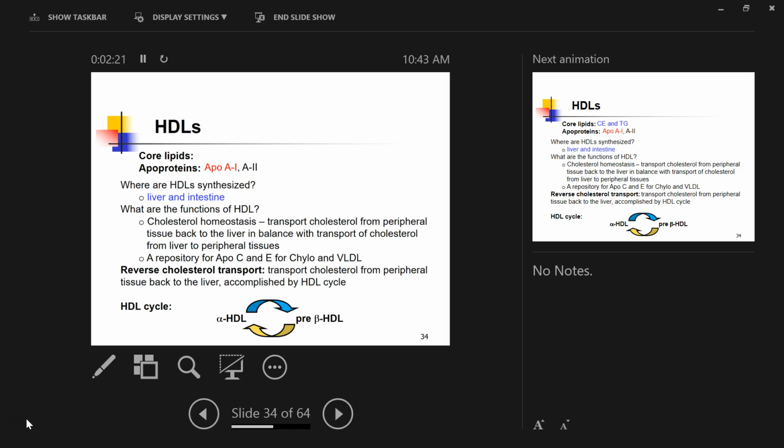So in what physiological conditions should chylomicron be synthesized a lot? Yeah, in the fed condition, right? When we eat a meal and we absorb a lot of lipids, triglyceride, we need to put the lipids that we absorbed from diet into the adipose tissue for storage.